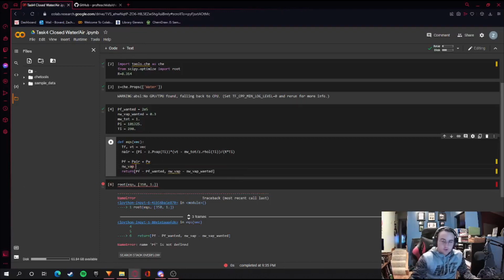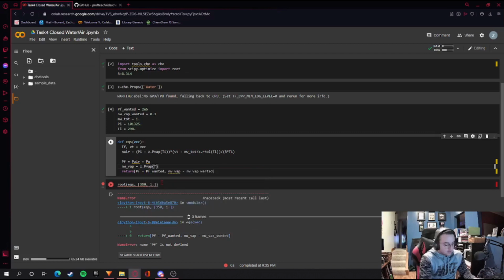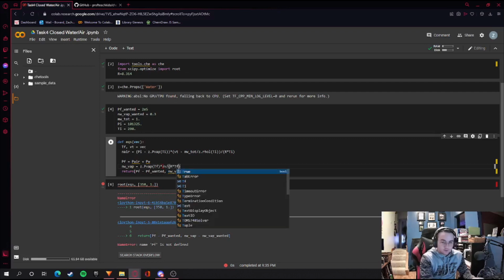So that's that. And then this will be our object. And then it'll be P, the vapor pressure, at the final temperature. And then that will be times the volume in the vapor phase divided by R times the final temperature.